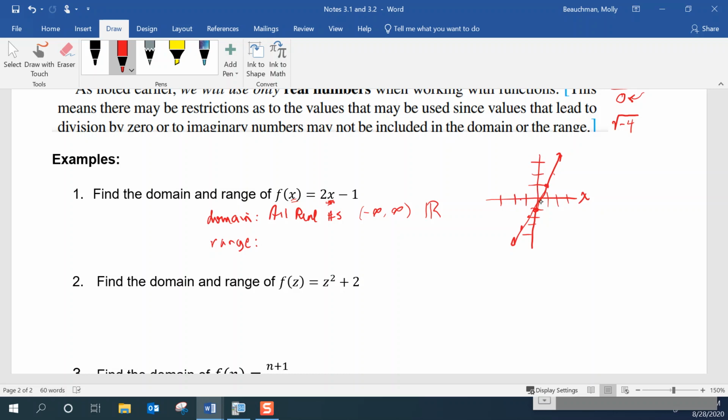Is that the same for y? So if I put in a 1 for x, I end up with a 1 for y. If I put in a 2 for x, I end up with a 3 for y. So if you look up and down the y-axis, yep, there's a y value for every value. So the range is also all real numbers.